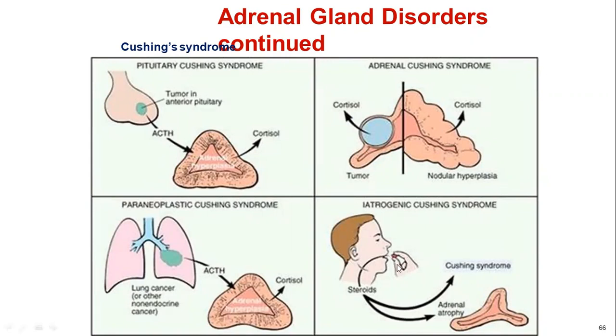Picture number 3 here, if anybody uses steroid long-term for any chronic condition, there is a chance of developing Cushing syndrome. And this picture shows if someone has a paraneoplastic tumor in the lungs, it secretes ACTH and ACTH works on the outer layer of the cortex and develops Cushing syndrome. These are the four pictures showing what leads to Cushing disease or Cushing syndrome.